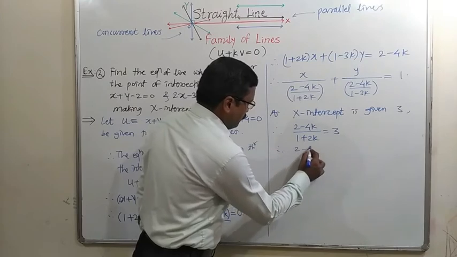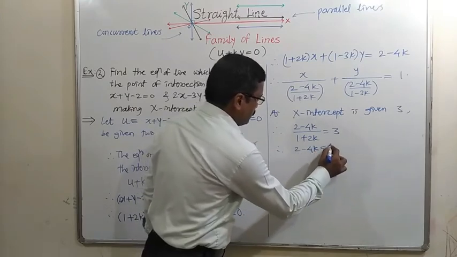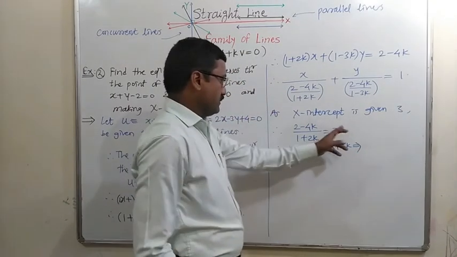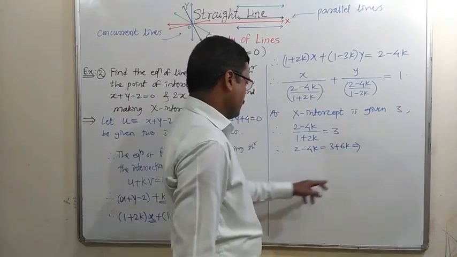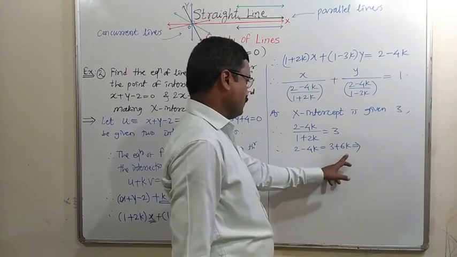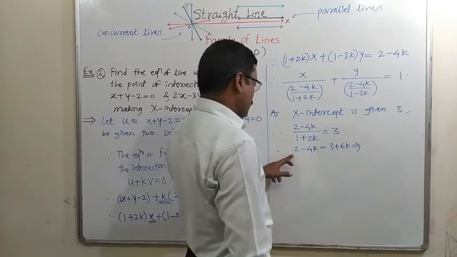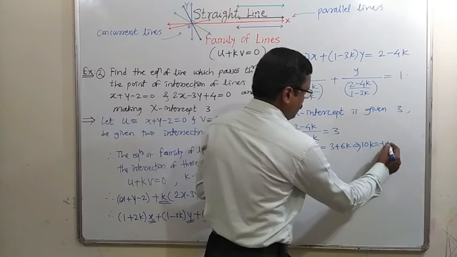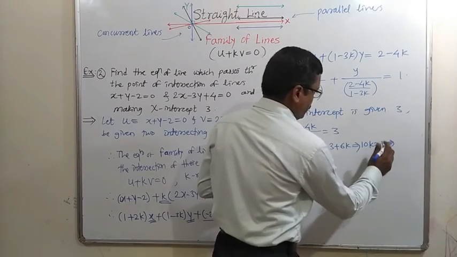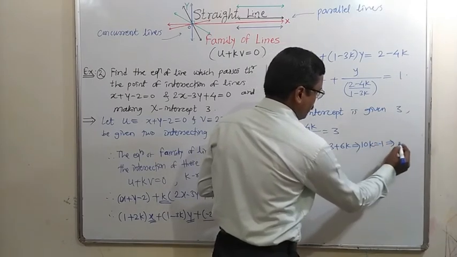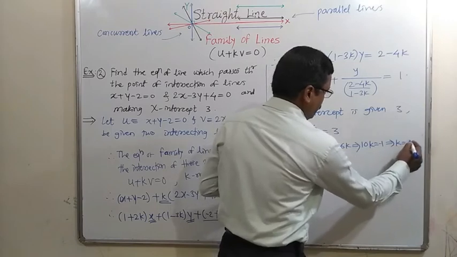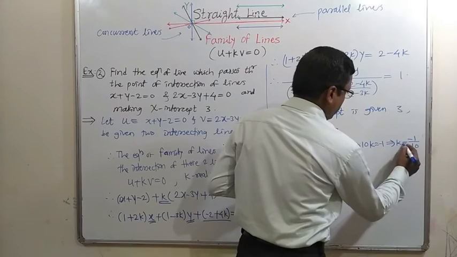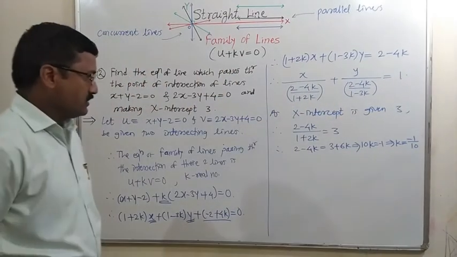So 2 minus 4k is equal to 3 plus 6k. Taking the terms together, we get 10k equal to minus 1, which implies k is equal to minus 1 upon 10. So this is the value of k.